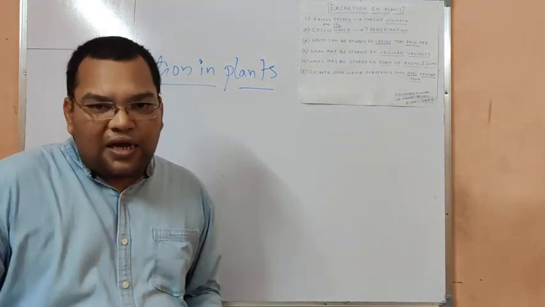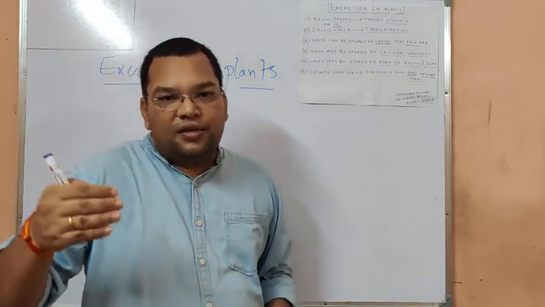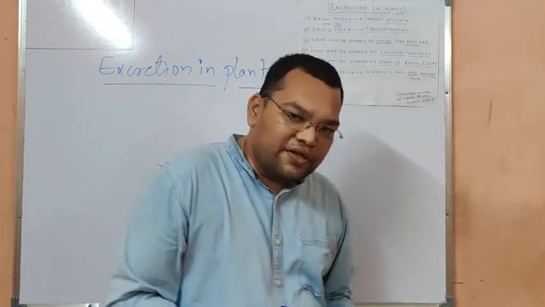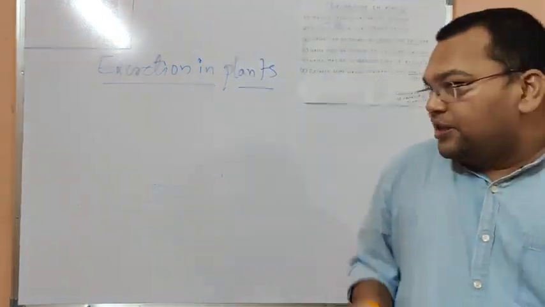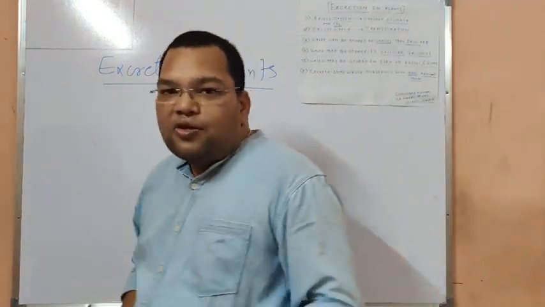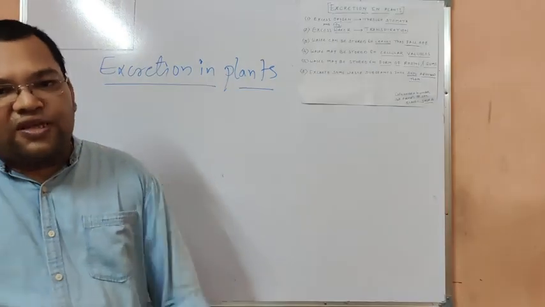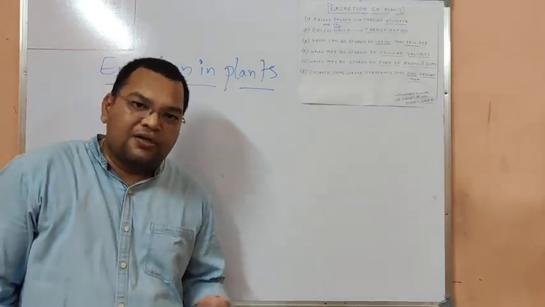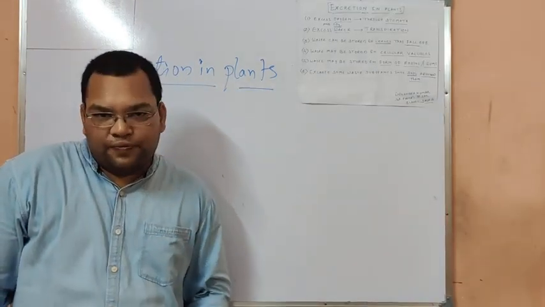So these are the six ways in which the plant gets rid of the waste material which is generated by it.